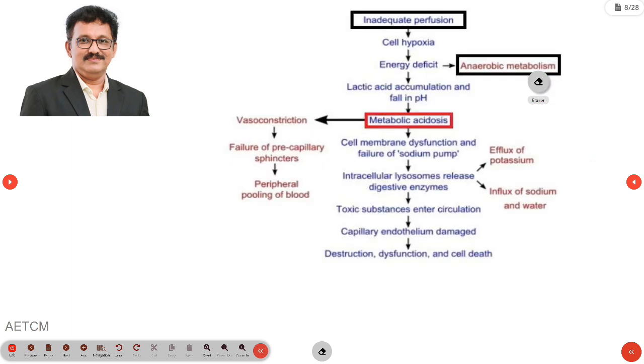Now we will see what happens in shock. Whenever the circulation is compromised, inadequate perfusion may lead to cell hypoxemia, then energy deficit that leads to anaerobic metabolism, lactate production, lactic acid accumulation in the body, and pH will be reduced, leading to metabolic acidosis. That itself can produce vasoconstriction, precapillary sphincter failure, and peripheral pooling of the blood.